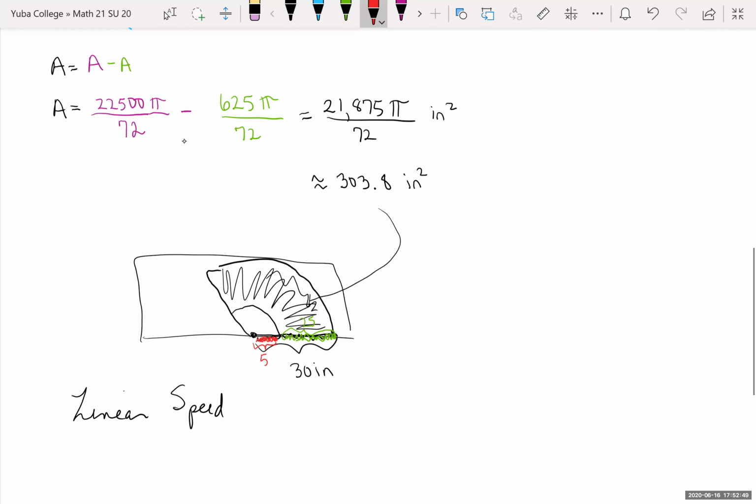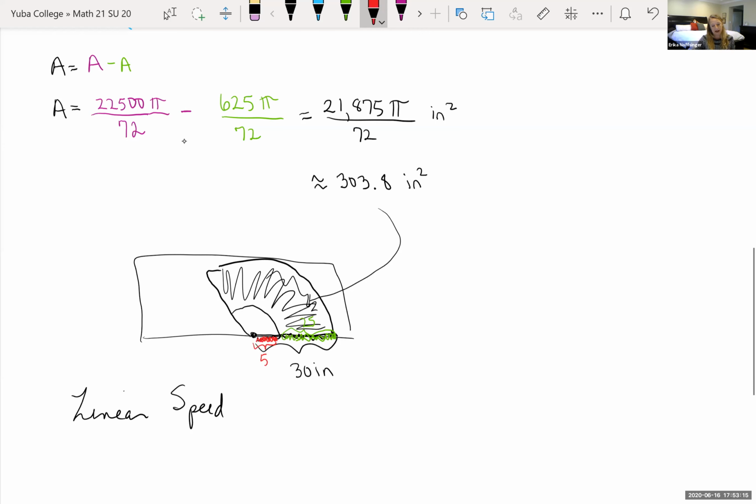Thank you. Excuse me, Professor. Yes. What's the number that's under the 2,000 or 21,875 pi over 72? Is that the final answer? It depends on how MyMathLab asks for it. If they ask for the exact answer, you're going to keep the pi in there.